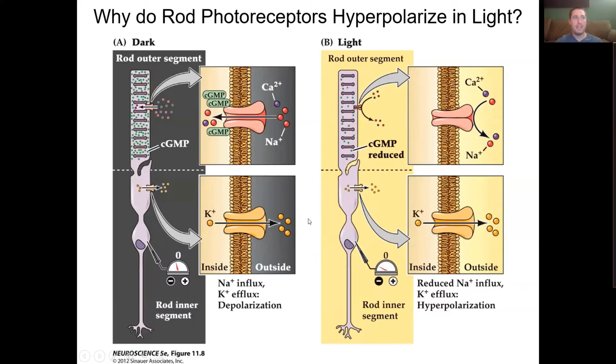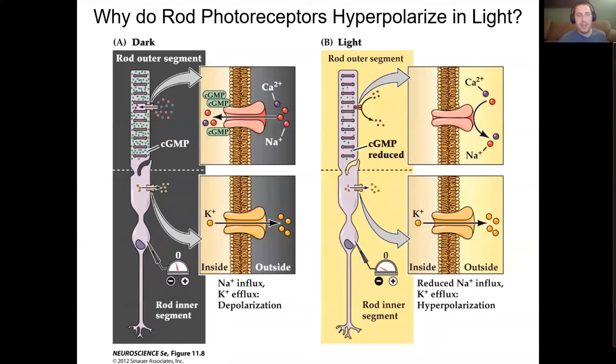Then when you have light that activates the opsins, you get the whole pathway we just talked about, and then you get these channels closed. So now you no longer have positive coming in, but nothing has changed with these potassium channels. You still have positive potassium going out. So now the balance is shifted and you have a hyperpolarization. You just have positive charge leaving, but you don't have positive charge coming in.